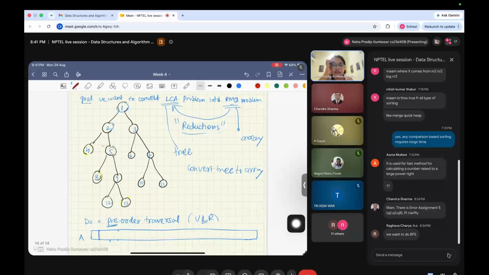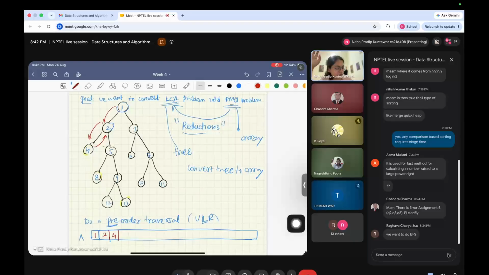Can you tell me the values? 1, 2, 4. Then back to 5. Okay, a slight modification is you keep on going like this, but every time you go back, you write it.